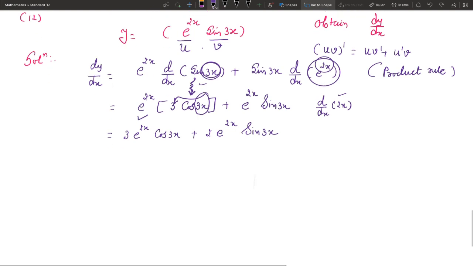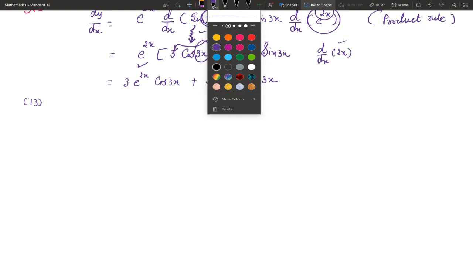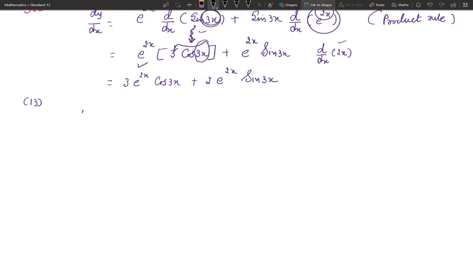Next, y equal to seven raised to x into e raised to 3x.